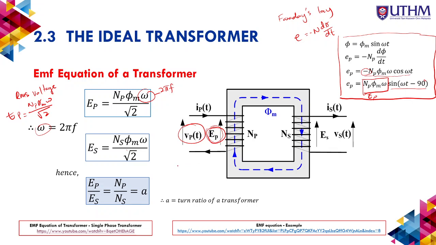From here we can see that Vp is equivalent to Ep due to the ideal situation. Then we can use the same turn ratio as previously, which is Vp over Vs equals Np over Ns equals a. So we can use this.